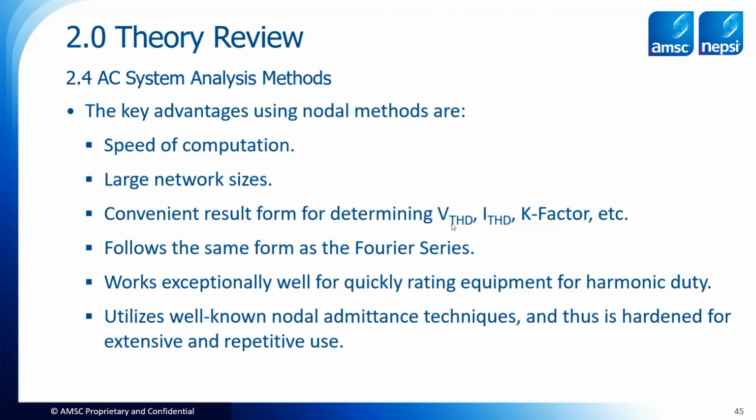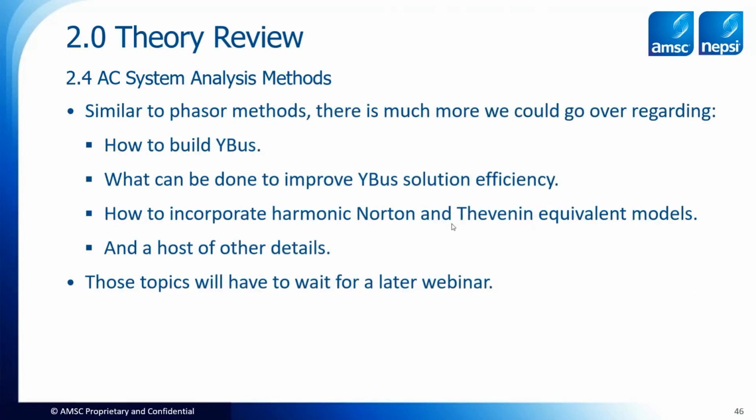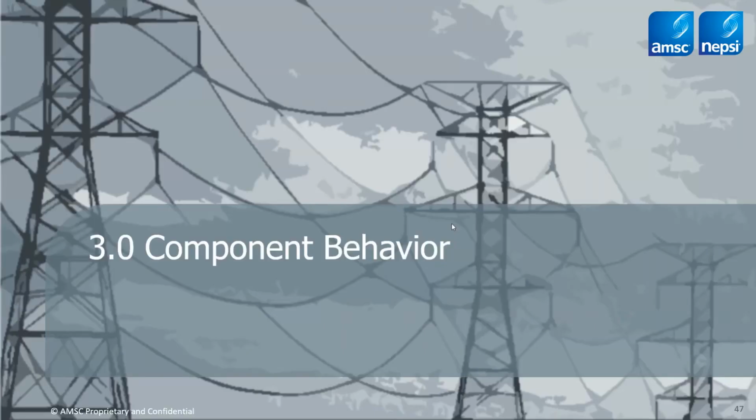Again, with superposition at work, it works exceptionally well for quick ratings of equipment and harmonic duty, and it utilizes very well-known nodal admittance techniques, and thus is hardened for extensive and repetitive use. It's similar to the phasor methods. There's much more we could go over: how to build Y bus, how you can improve solution efficiencies, incorporate harmonic Norton and Thevenin. There are a lot of things we could go over, but we'll wait for a later presentation.